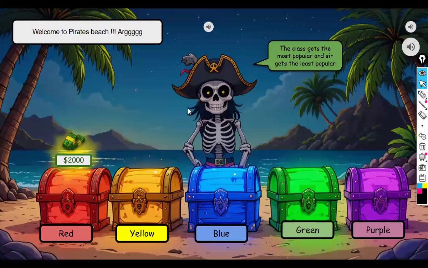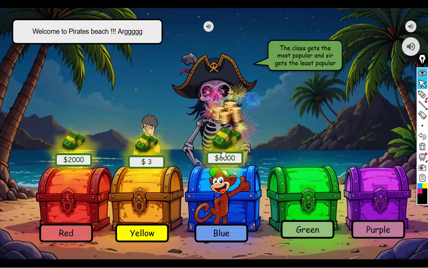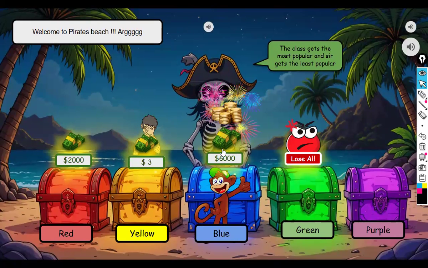Red is 2,000. Yellow is 3. So it's a good thing I didn't get the yellow again. Blue is the, oh God, you're beating me here already. The blue one is 6,000. The green is lose all, but I know you're not going to choose the lose all. So you all get 6,000.